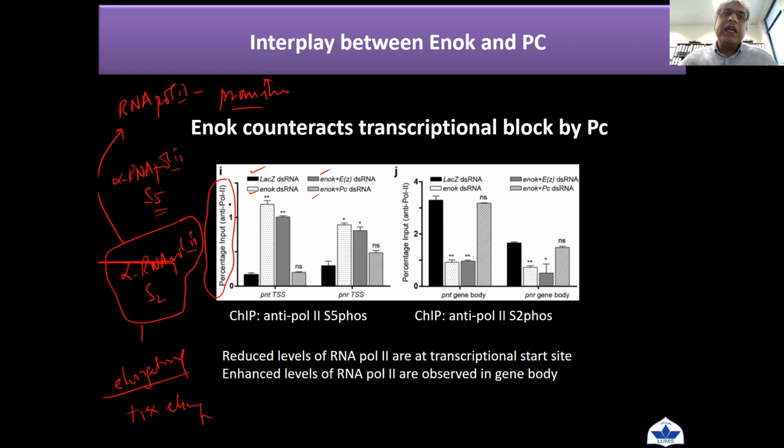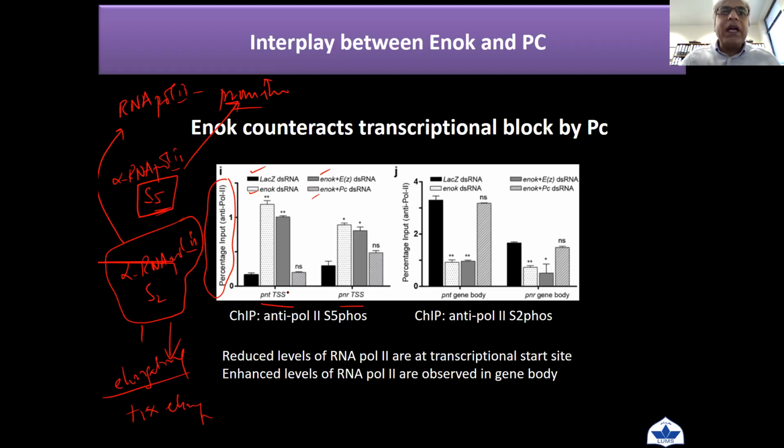It's not in the elongating phase. If you pay attention here to where transcription starts, we normally use RNA pol 2 antibody against serine 5 to show pausing or binding of RNA pol 2 on promoter regions, and we use RNA pol 2 antibody against serine 2 to show elongating RNA pol 2.